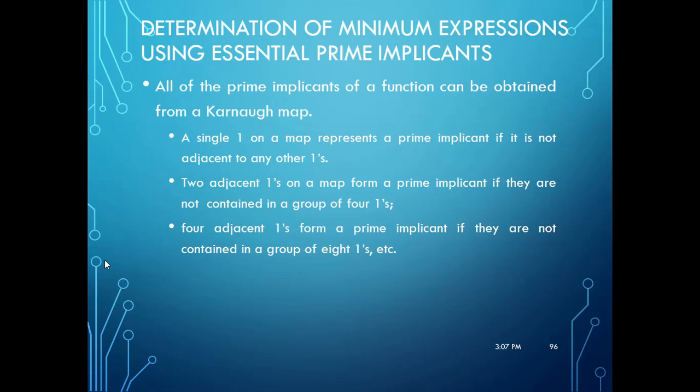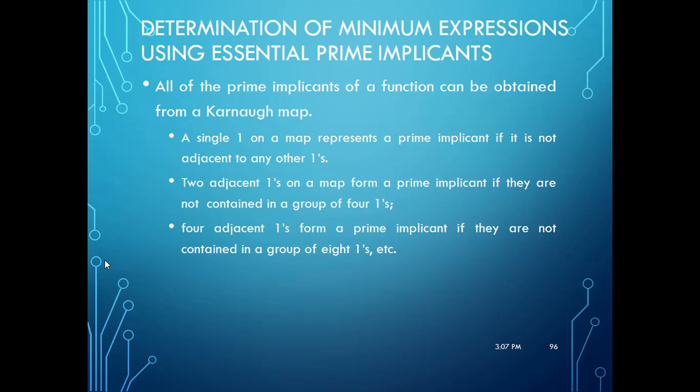We concluded that it is not a prime implicant since it was present inside a quad. So the rule is that two adjacent ones, that is a pair, can be a prime implicant if they are not contained in a group of four ones.